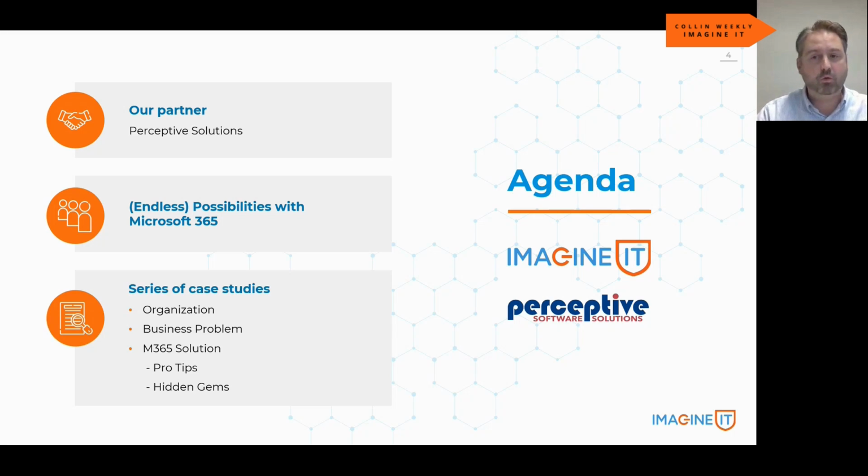These are real world examples of projects that we've done together with current clients of ours. We identify a business problem, and then we share what the solution was and how we went about getting there. There are going to be some pro tips in there that hopefully you can take away as good facts, and also some hidden gems.